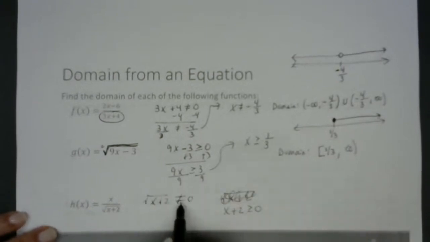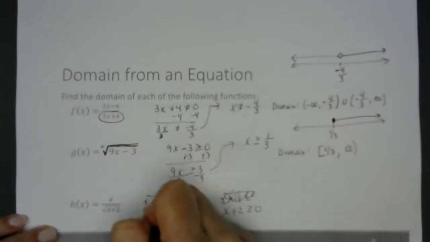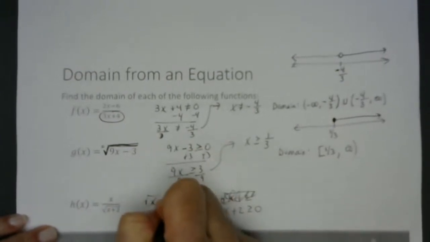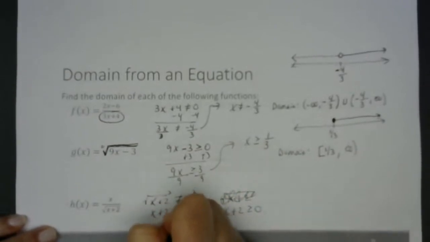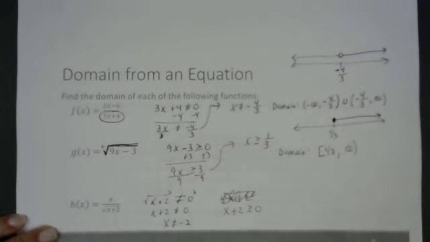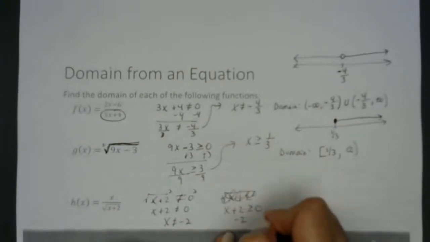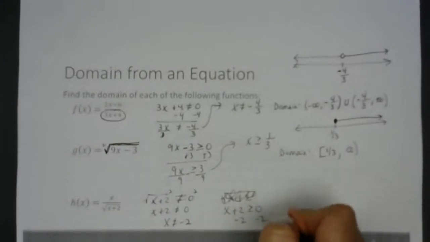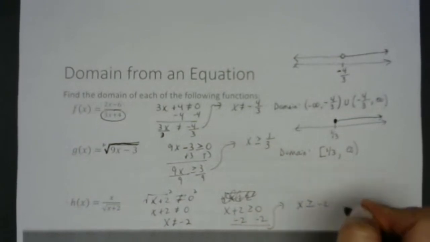Since the square root of x plus 2 cannot equal 0, if I'm solving for x, I'll just square both sides. So x plus 2 can't equal 0 squared. Let's do 0 and subtract the 2. X cannot equal -2. There's one restriction, but there's more. X plus 2 greater than or equal to 0. If I subtract the 2, x has to be greater than or equal to -2.